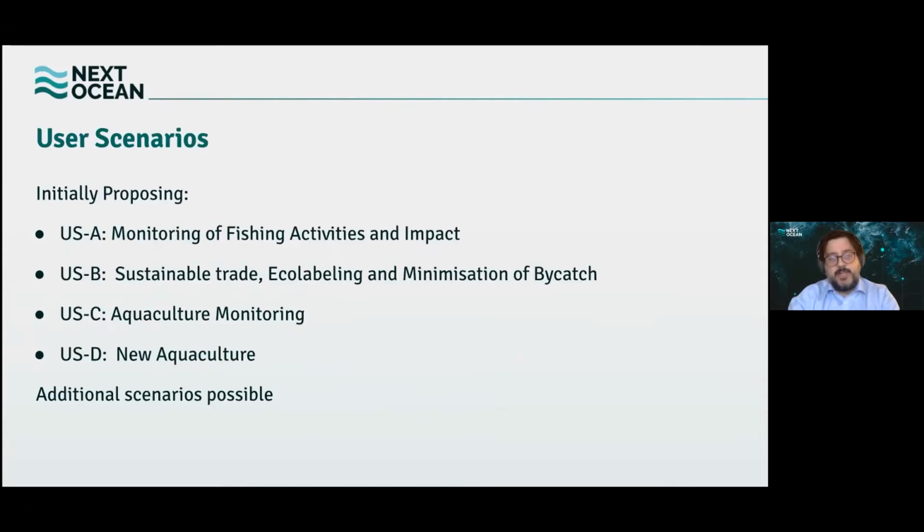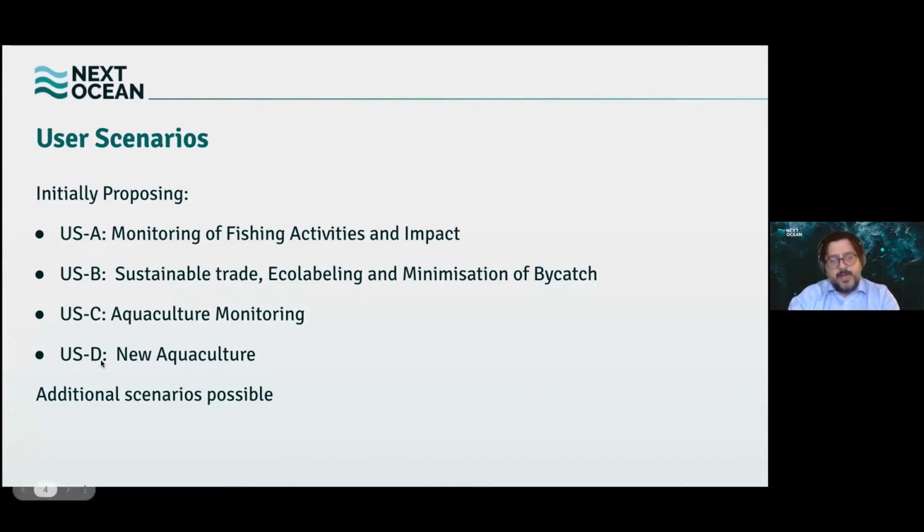We are proposing initially 4 user scenarios. The first one is the monitoring of fishing activities and the impact of fishing activities. The second one is on sustainable trade, ecolabelling, and minimization of bycatch for fisheries. The third one is aquaculture monitoring.